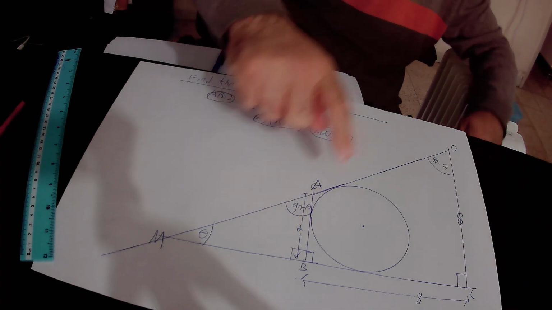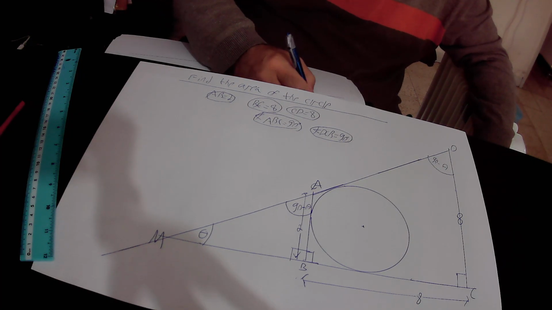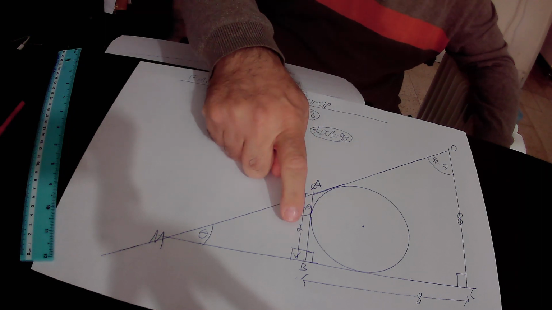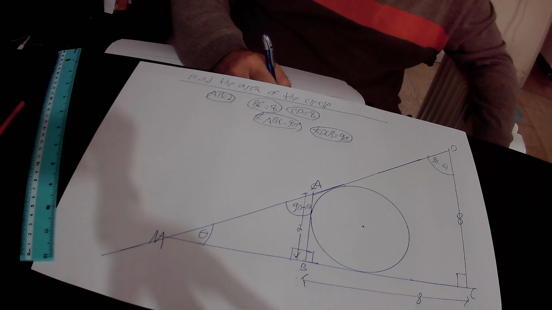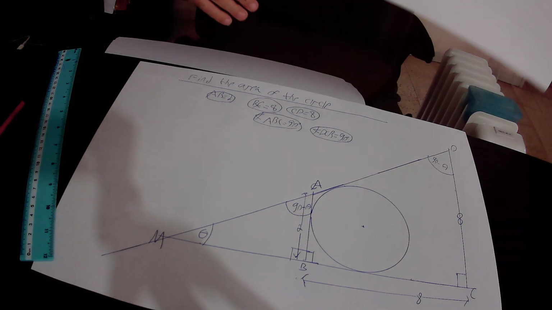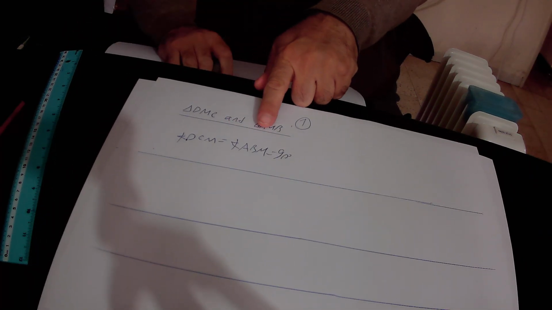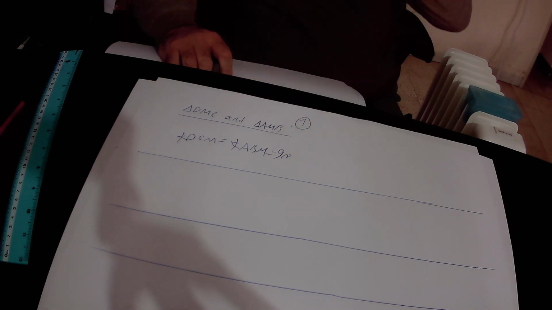So we can write down that angle DCM in the big triangle is equal to angle ABM in the small triangle. They are both equal to 90 degrees, therefore they are equal to each other.